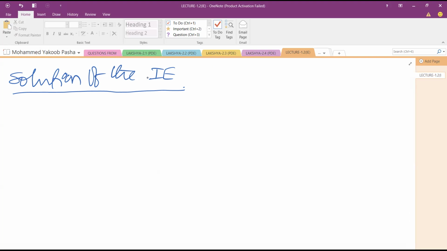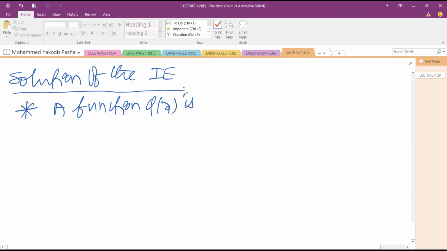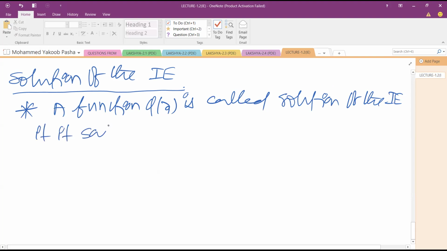What is the meaning of solution of the integral equation? A function, say y of x, is called a solution of the integral equation, meaning the standard form of the integral equation, if it satisfies the given integral equation.